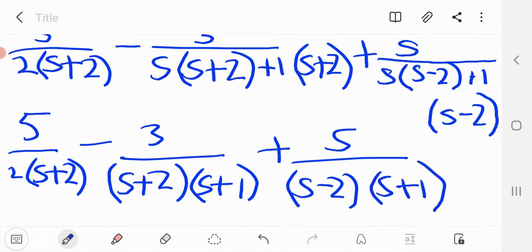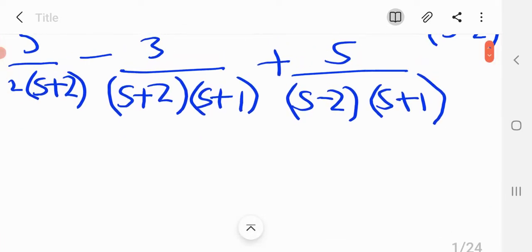Now it is very easy to decide the LCM of all three denominators, because we already know that the LCM of any number or algebraic expression can be taken from common factors and non-common factors.